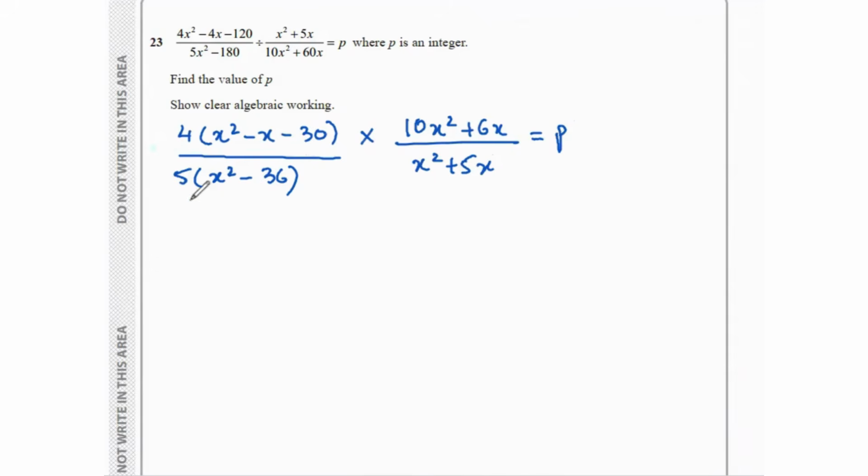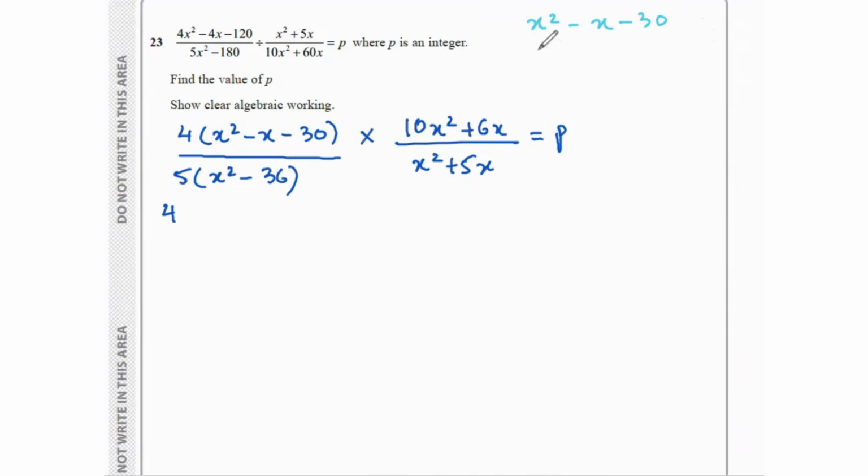Now, if we notice, we have a quadratic equation. So we need to factorize this quadratic equation. X squared minus x minus 30. 1 times 30 is 30. Factors of 30 are 3 and 10, 5 and 6, 15 and 2, and 30 and 1.